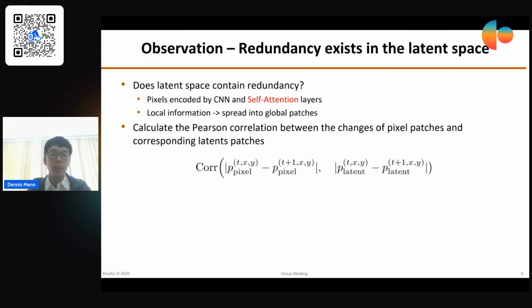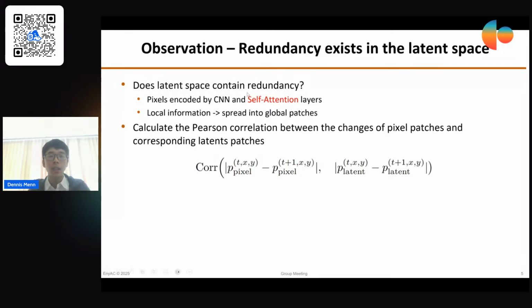Let's start with the first question. Does redundancy exist in the latent space? As a brief introduction, latent space is obtained by pixels encoded by CNN, FFN, and self-attention layers.